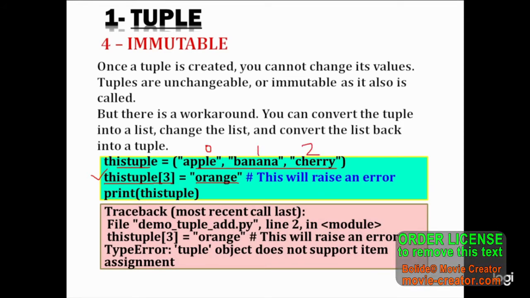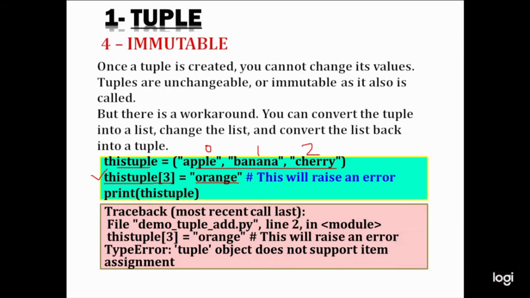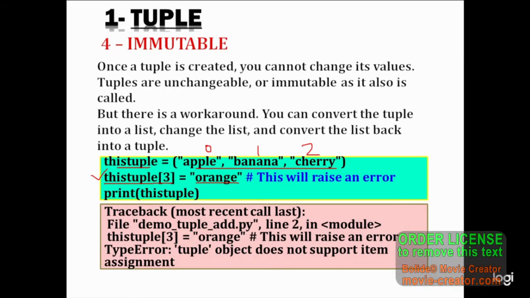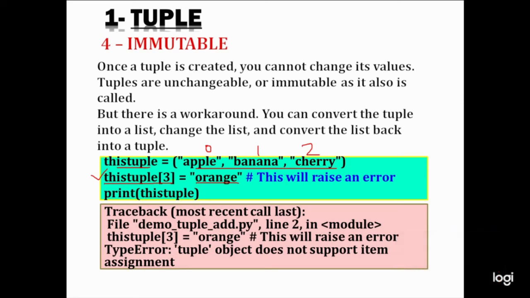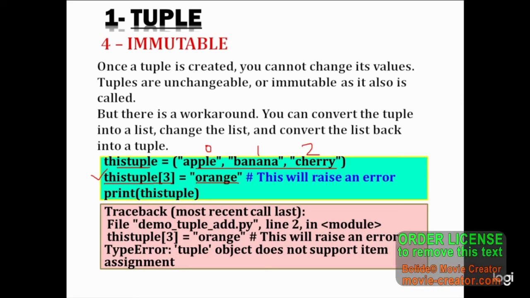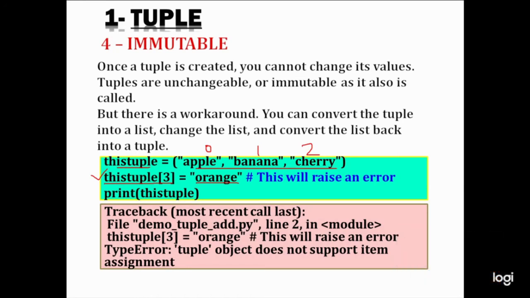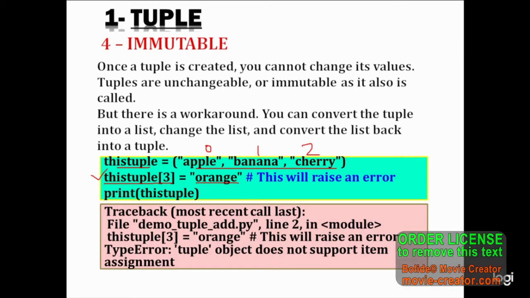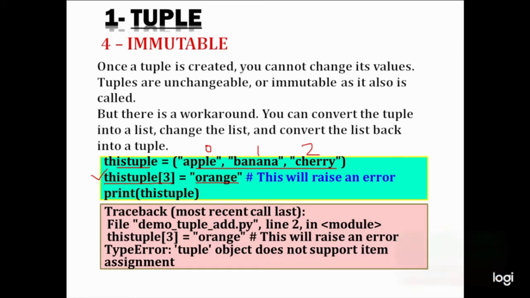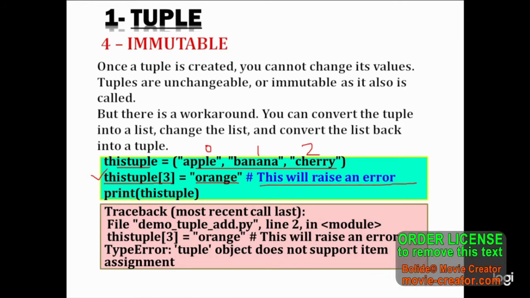Here the third index number is not present, but if you are using a list, then it will add the item at the last. But in the case of a tuple, it will not add the item at the end of the data collection. This will raise an error as given in this slide.